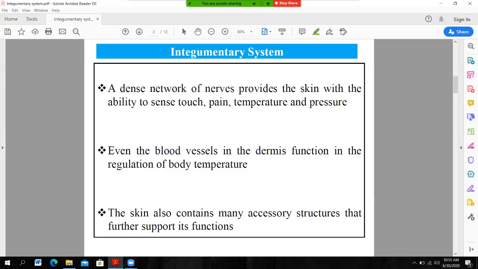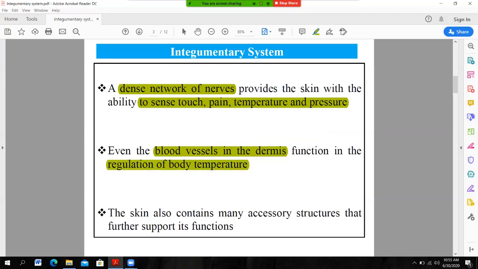The skin also contains sensory neurons, and they have the ability to sense touch, pain, temperature, and pressure by means of a dense network of sensory neurons. So this is another important function. The blood vessels which are found in the dermis of the skin provide an important function in the temperature regulation of the body.